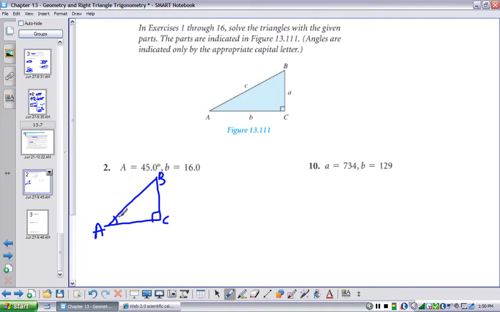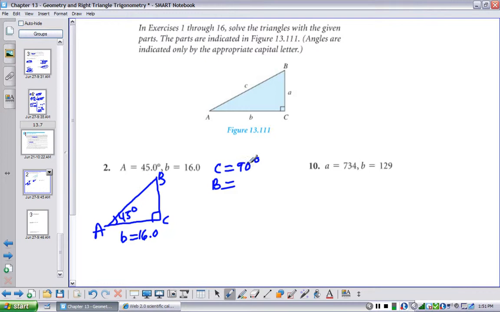They give us angle A being 45 degrees. They give us side b being 16.0. Now, it's not stated here, but this is a right triangle, so we know angle C is 90 degrees. So we can definitely find angle B. Remember that the sum of the angles is 180 degrees.